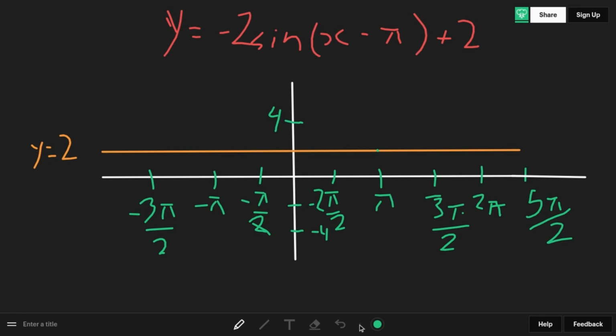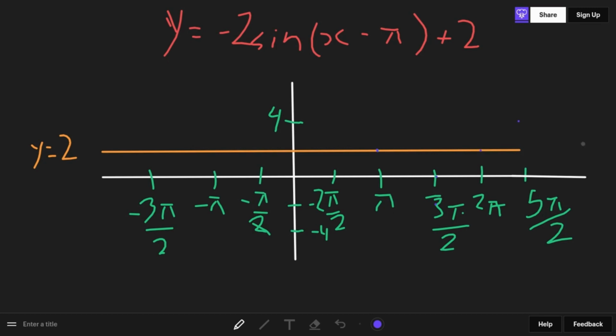Now I'll use a different color. I'll be up here. Then I'm going to come down here. Actually no, I'm going to come down here to 0, go down 2. Then I'm going to go up 2 again. I'm going to go up 2 here.